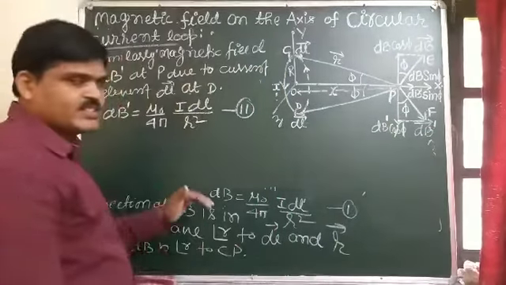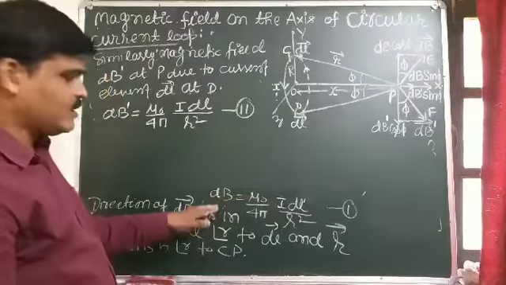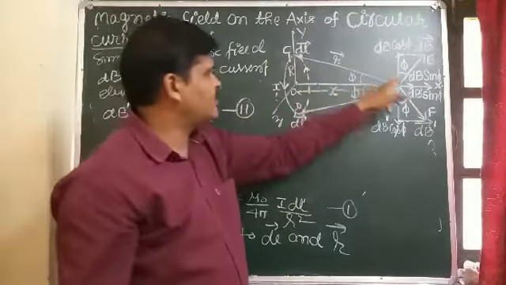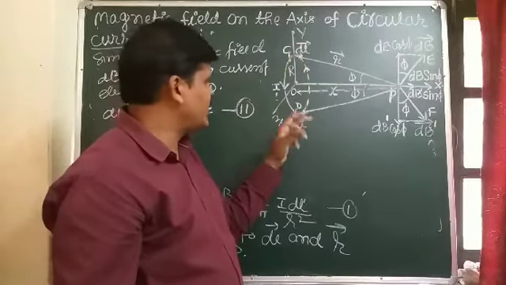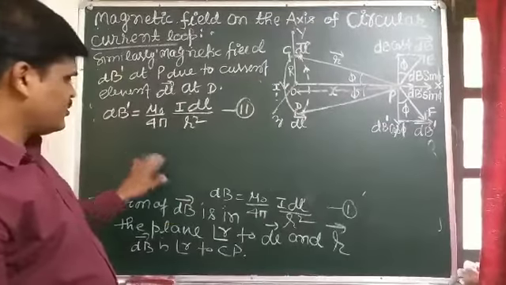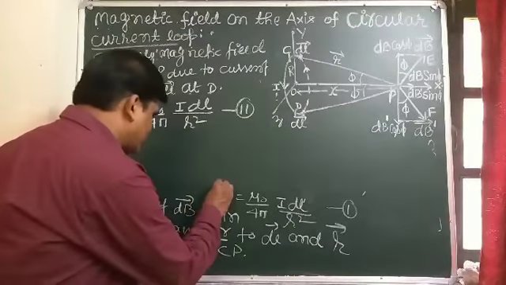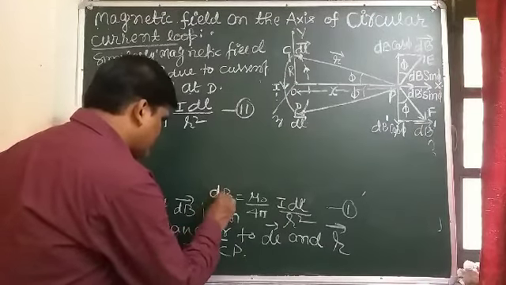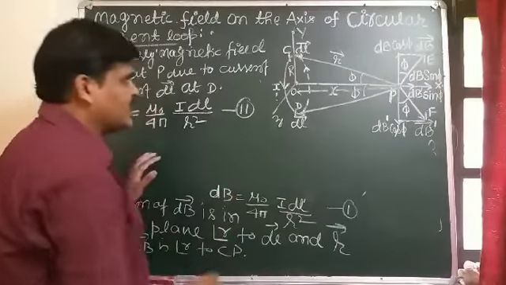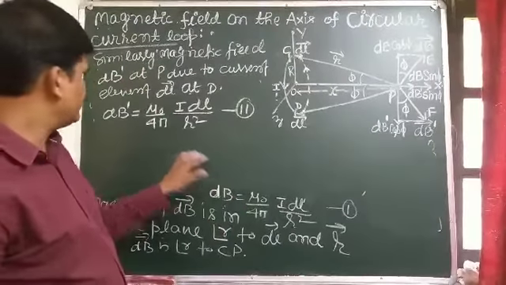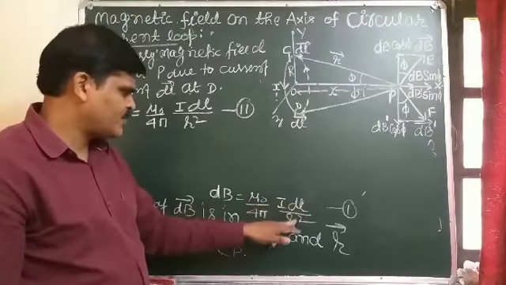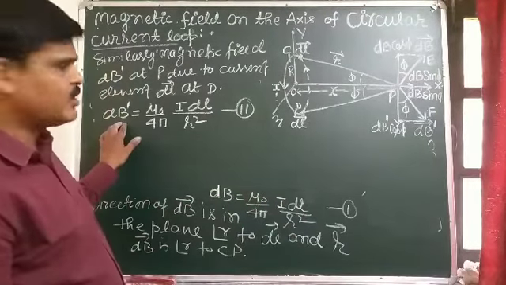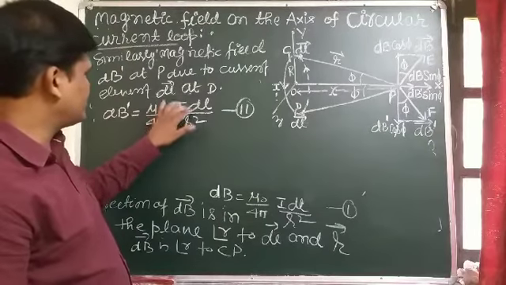And student, we see that from equation 1, the magnetic field at point P due to the current element at C and the current element at D, the magnitude of both is the same: dB equal to mu naught by 4 pi I dl by r square, dB dash equal to mu naught by 4 pi I dl by r square.